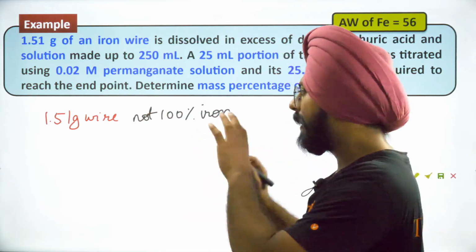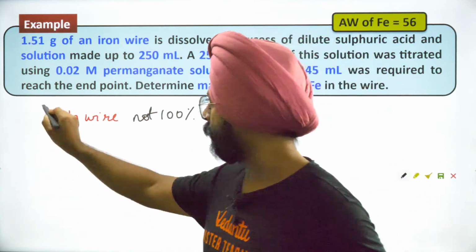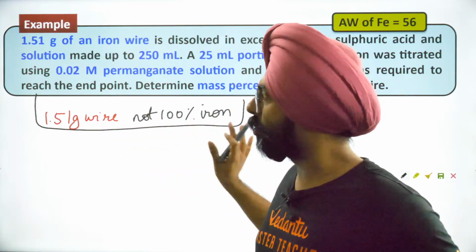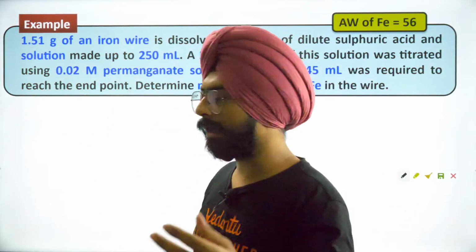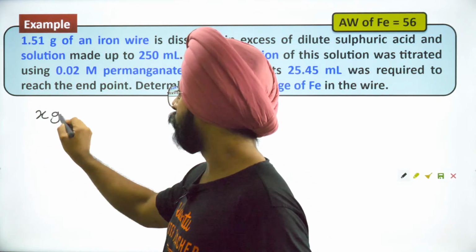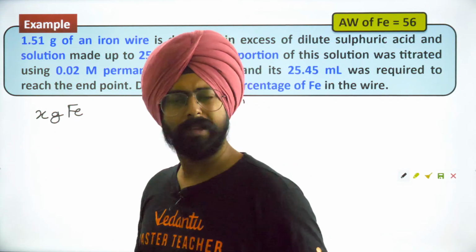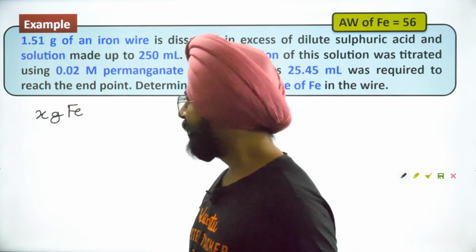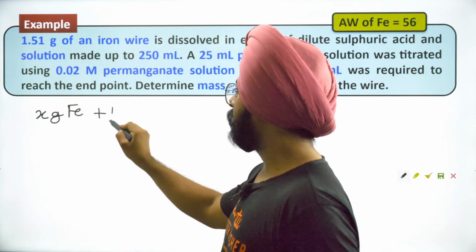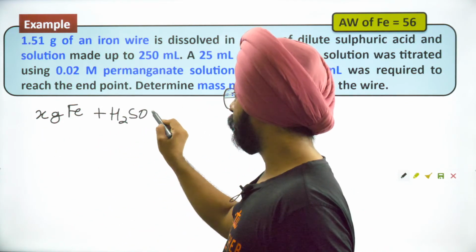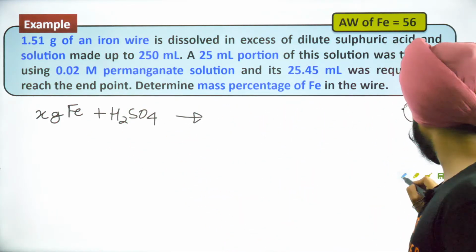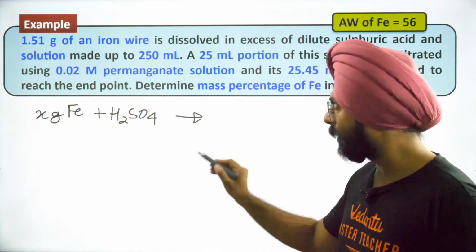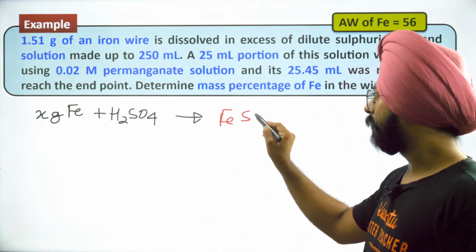Okay, so let us assume ये जो wire है it's not pure. Since this is impure, let us assume that I am beginning with X grams of iron. Just an assumption, okay? This X grams of wire is dissolved in H2SO4. So when you dissolve iron in H2SO4, you are going to get a solution that is FeSO4.